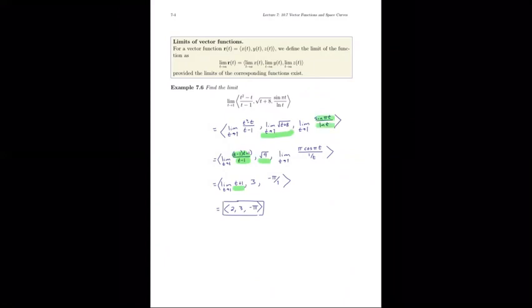This requires L'Hopital's rule. So we see an execution of L'Hopital's rule here. These two limits are equal as long as this one exists. Turns out that one exists. So it was a correct application of L'Hopital's rule, and everything finishes up nicely to be this vector here. So it's just the same calculus you've always done. It's just you do it for that many more components when we're dealing with vectors.